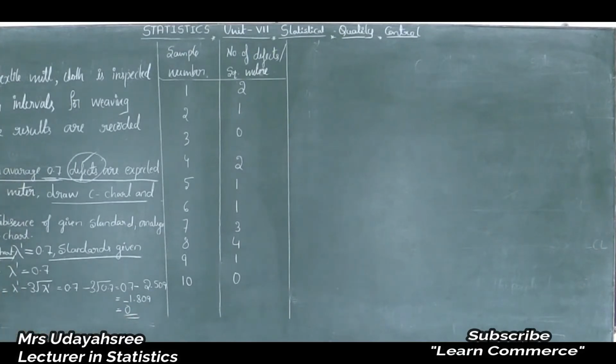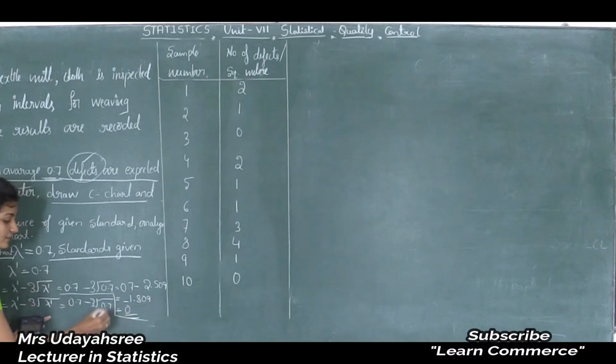Next, to calculate the upper control limit, the formula is lambda dash plus 3 into square root of lambda dash.